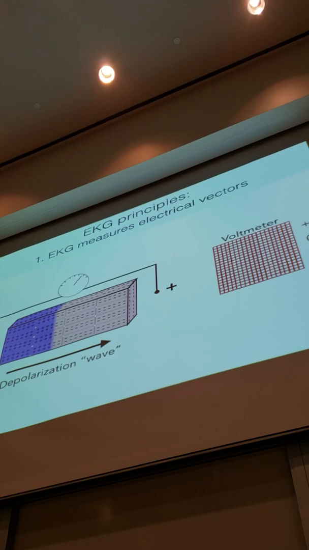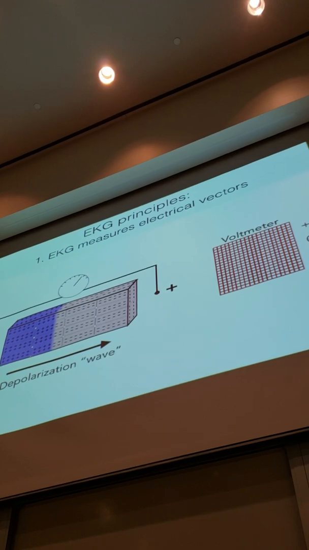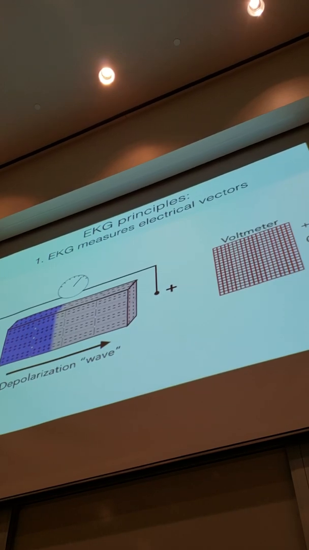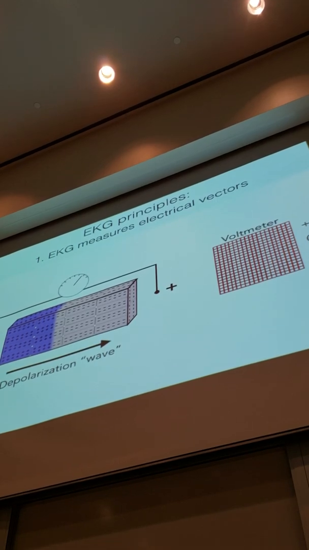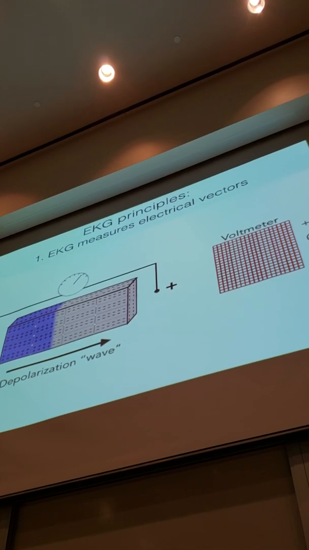Okay, so if we have a depolarization, that is, our cells are turning positive on the inside, right? Due to the influx of sodium, that wave front is moving across the cells and from cell to cell across this massive heart tissue. How we read that is that the voltmeter sees this wave coming toward it.